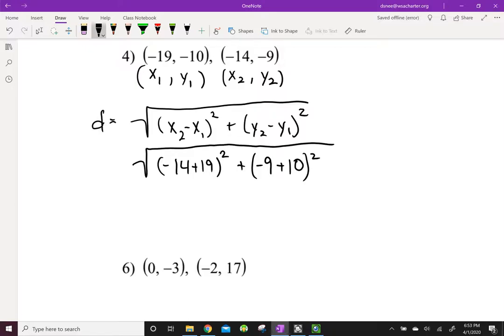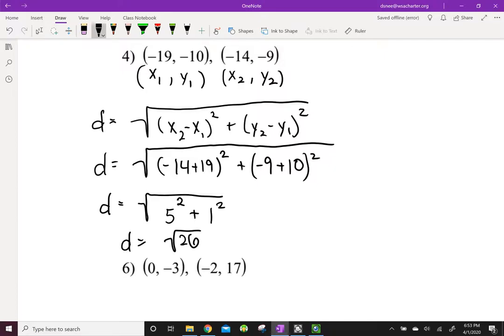distance is equal to the square root of, that's 5 squared, negative 14 and positive 19 plus negative 9 and positive 10 is 1 squared. So what I have here is the square root of 26.